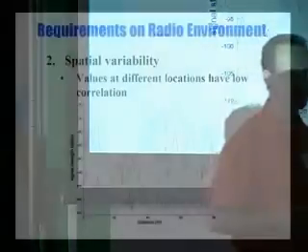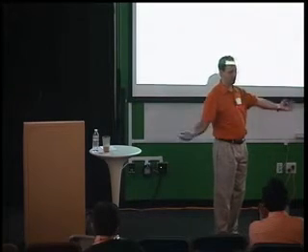If I'm in the middle of two neighbors, will the two neighbors see similar signal strengths? It depends. And actually, I'm going to show you the results of some experiments that shine some light on that.